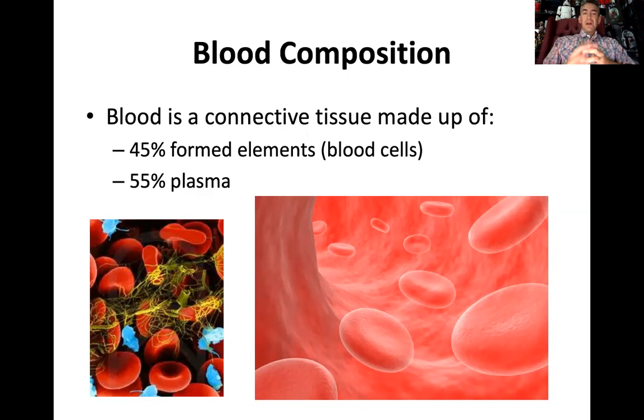So here we're looking at a combination of plasma at about 55% and about 45% of the formed elements, or the actual cellular or solid parts of the blood. So 45, 55 is an average breakdown of the composition of blood.